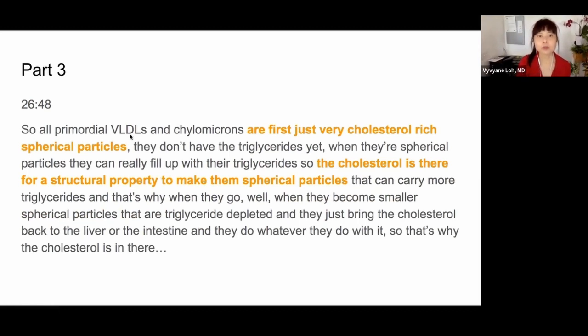So all primordial VLDLs and chylomicrons are first just very cholesterol-rich spherical particles, mostly cholesterol to make them spherical. That's what I'm understanding here. The cholesterol is there for a structural property to make them spherical particles, right? So I think I got what he tried to say there.